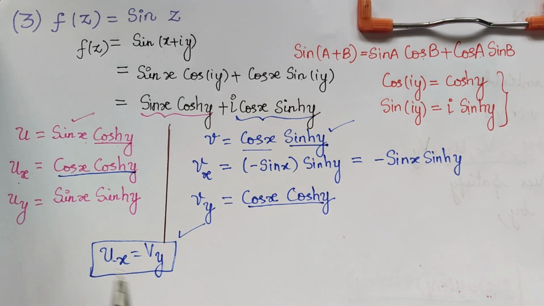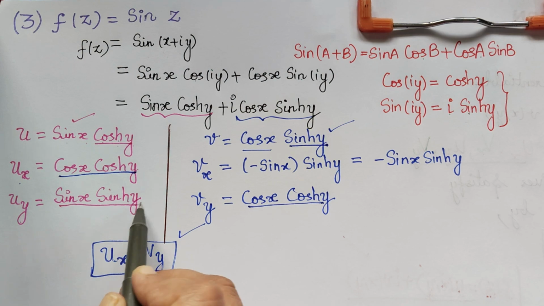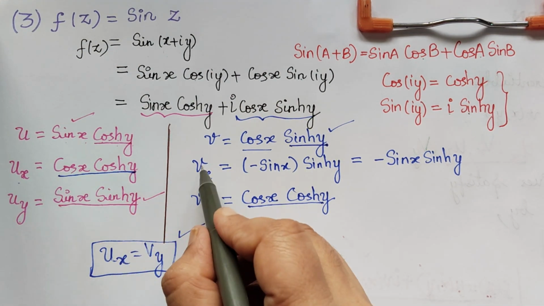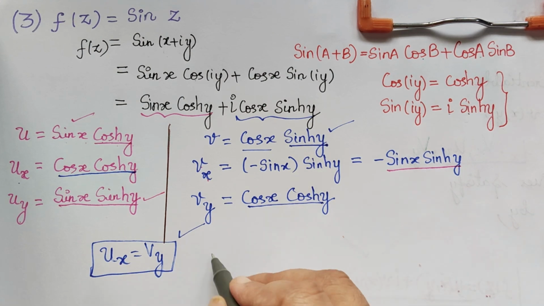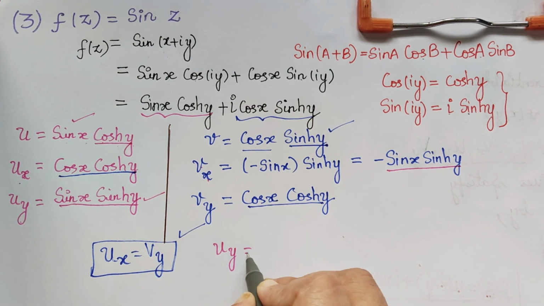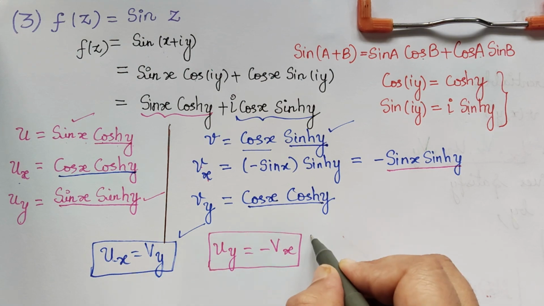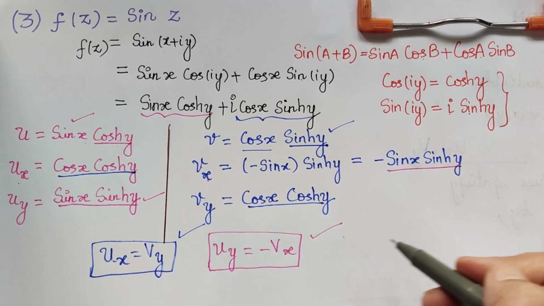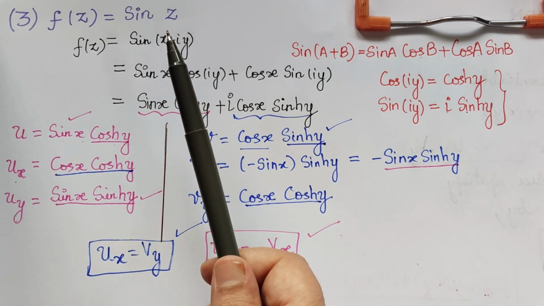Now next here we have uy to be sin x sin hy, and here vx to be minus sin x sin hy, which obviously implies that uy is equal to minus vx. So therefore the second condition is also satisfied. Hence the CR equations are satisfied for the function f of z equal to sin z.